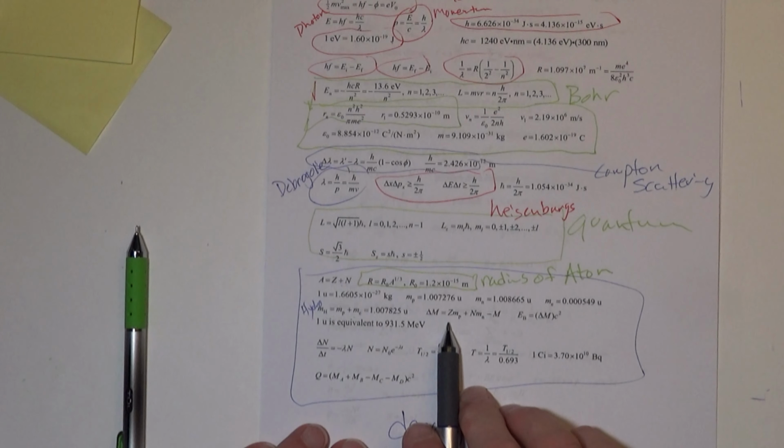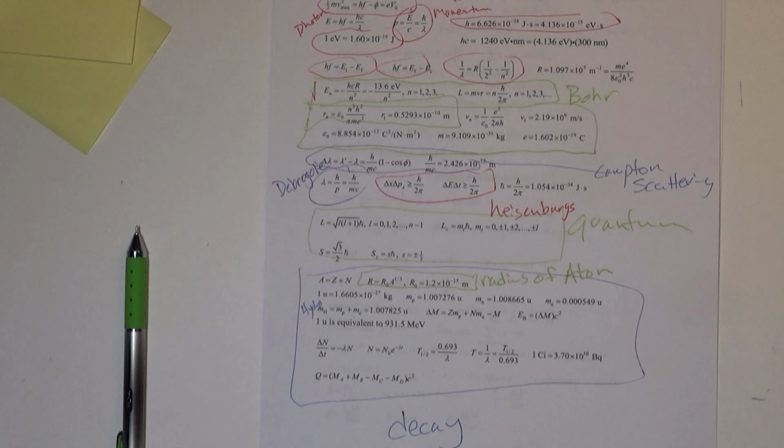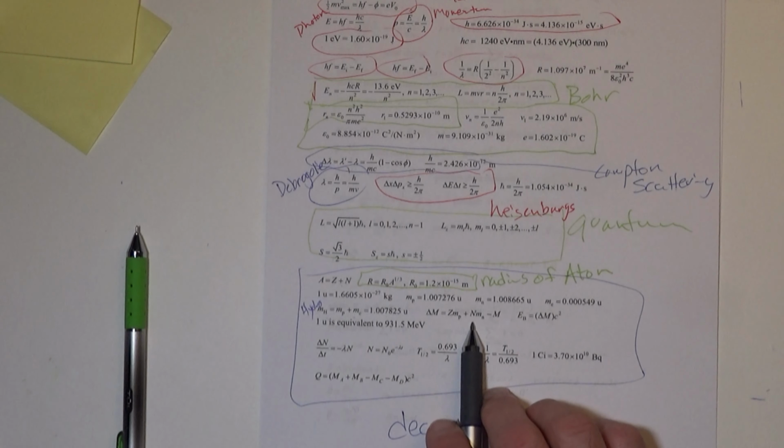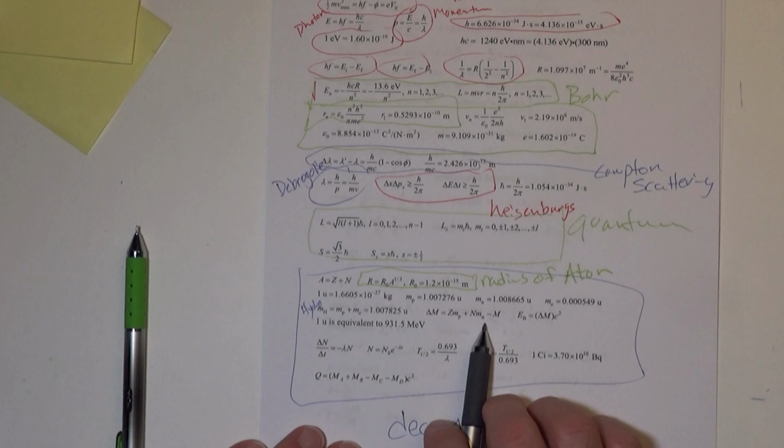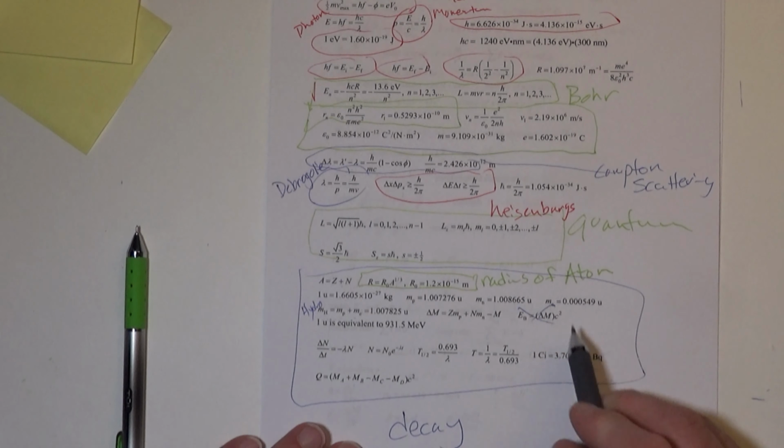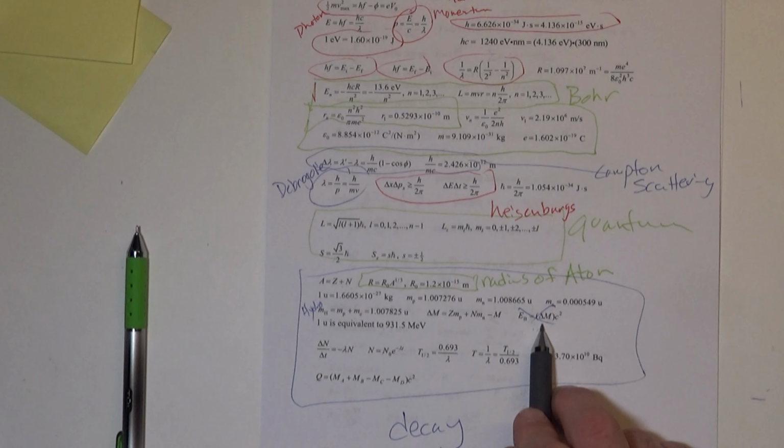Over here, we're talking about change in mass and number of protons plus number of nucleons minus, I'm not sure what he's doing there. This equation we really don't need to use, although it's Einstein's.